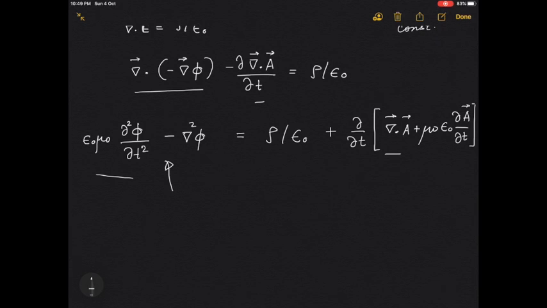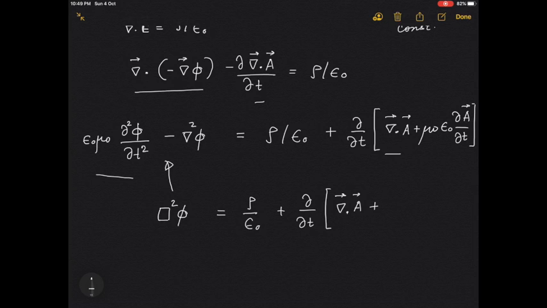Here, if you look at this, it's something epsilon naught mu naught del 2 del T2 minus grad square operating on phi. So we will write this as box square phi. So this is equals rho by epsilon naught plus del T of divergence of A plus mu naught epsilon naught del A del T.